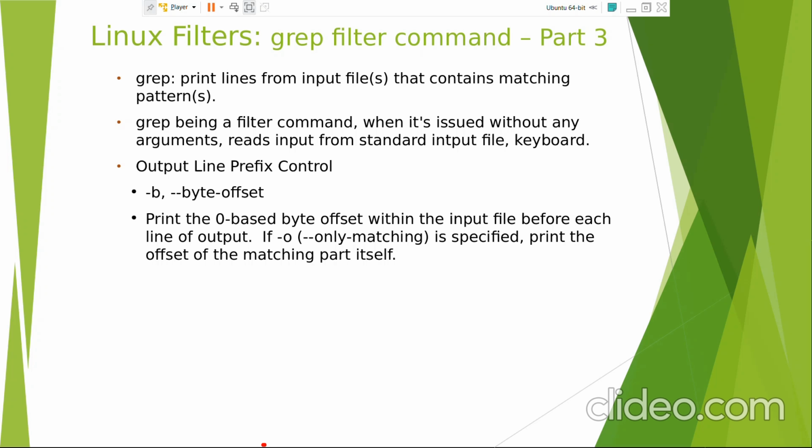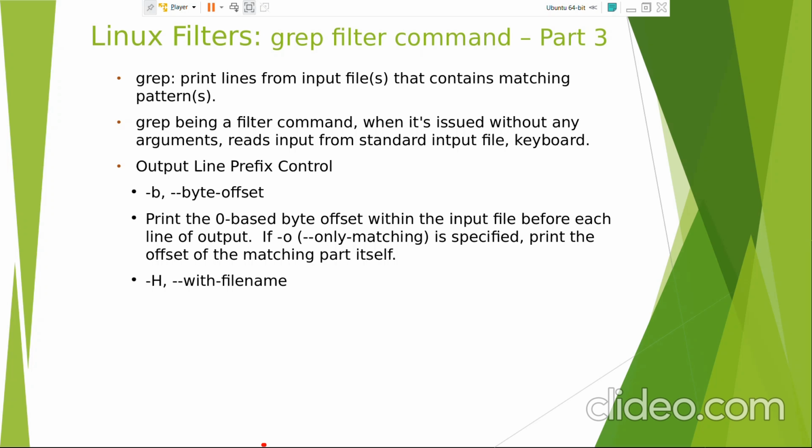The very first character of the file's offset would be 0. Starting from that, at the end of every line, the offset is not going to end. At the beginning of the next line, the offset is going to continue. For example, the first line's last character is offset 56, let us suppose. So the second line's first character would be offset 57. That way, the offset of the beginning of every matching line is what it would prefix. That is the -b option.